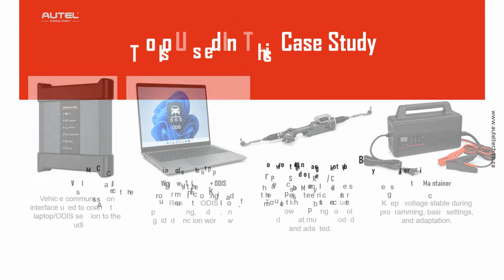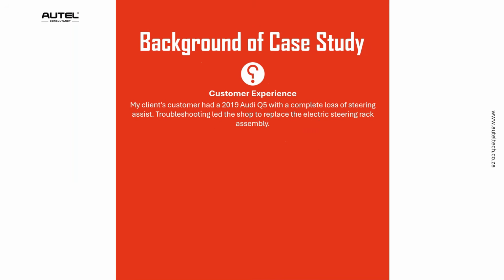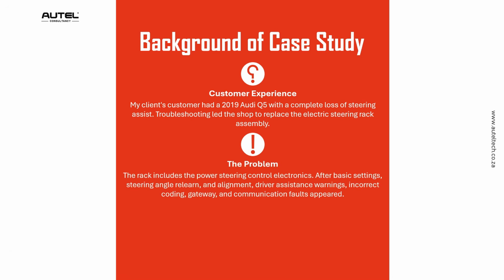Okay, so bit of background. My client's customer had a 2019 Audi Q5 with a complete loss of the steering assist. So through troubleshooting, the shop was led to replace the electronic steering rack assembly. And the rack included the power steering control electronics.